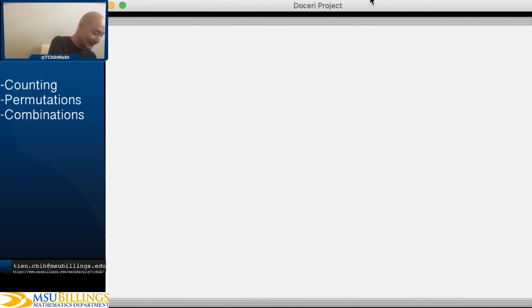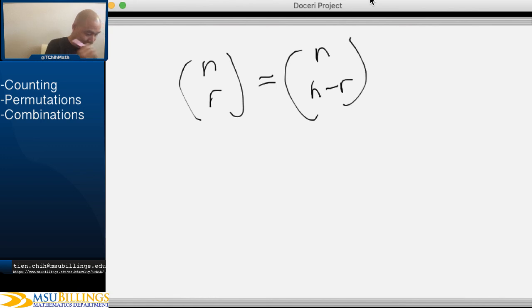There are many such identities about the counting coefficients, but we won't get into them here. The number of ways to pick r out of n objects is the same as picking n minus r out of n objects. All right, and so this gives us the background that we'll need going forward to talk about binomial probability.